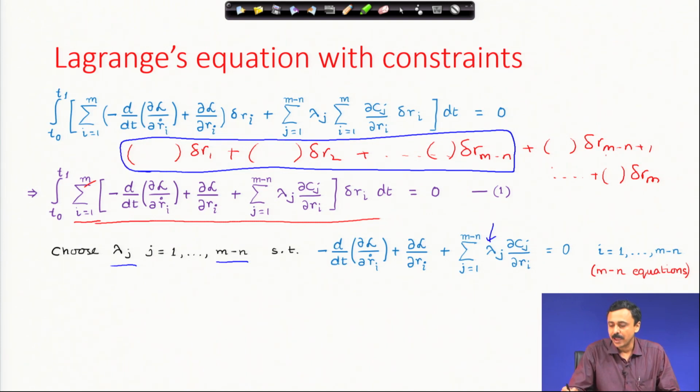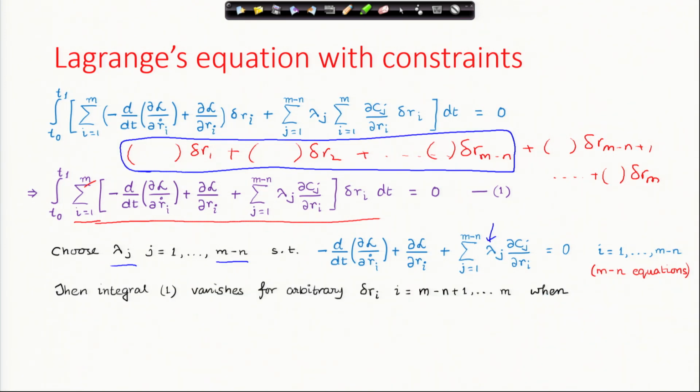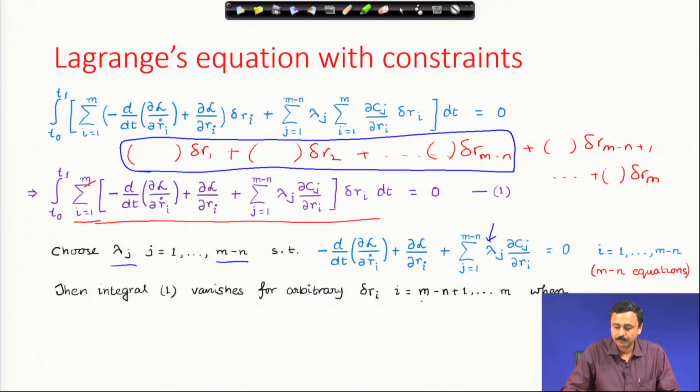What happens to the rest, from m minus n plus 1 up to R m? Now, these can be independent variations, these can be independently chosen, and they are independent variations. Therefore, each of those bracketed quantities must be 0. Therefore, for I going from m minus n plus 1 to m, the integral will vanish when these coefficients vanish.